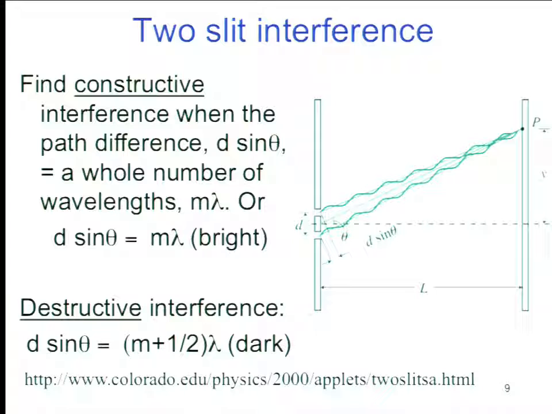That's pretty nice. So this is the criterion for the first minimum, that the angle at which the first minimum will occur will be the wavelength over the spacing.